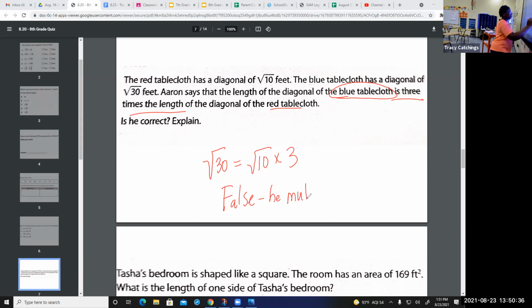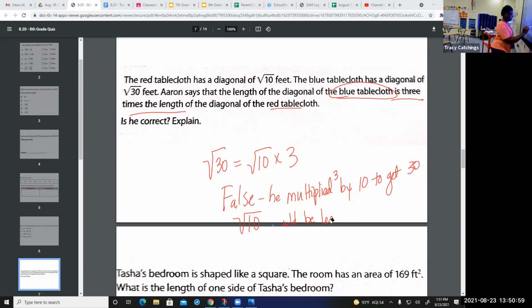He multiplied 3 by 10 to get 30. The square root of 10 will be less than 3. No, a little bit greater than 3.